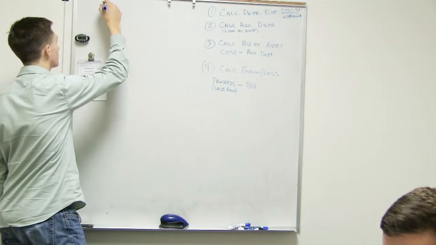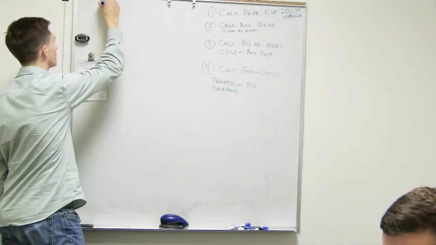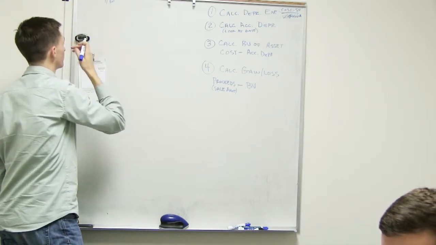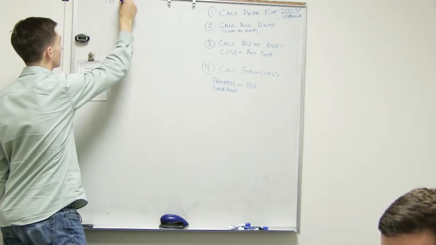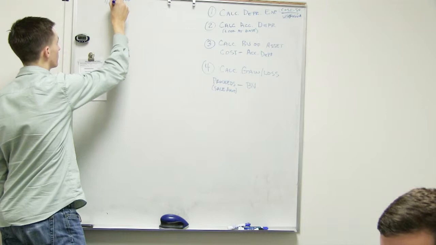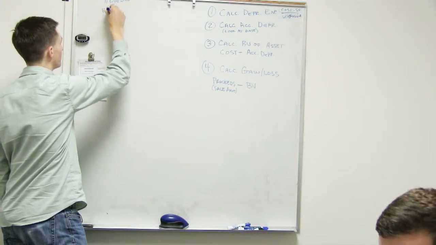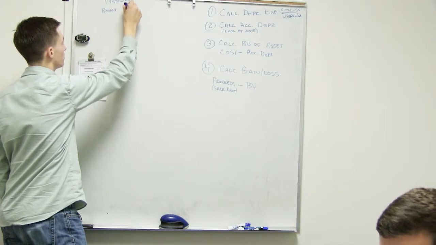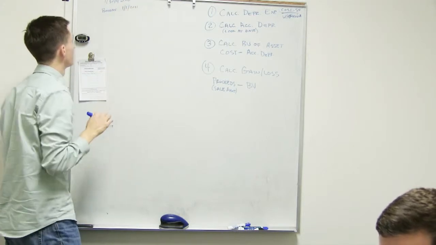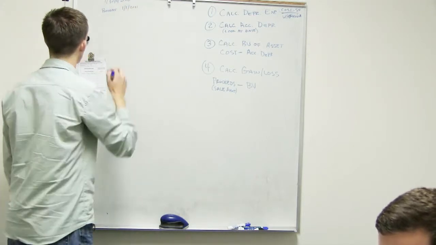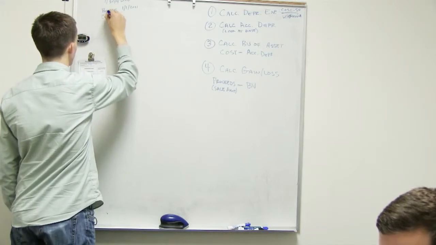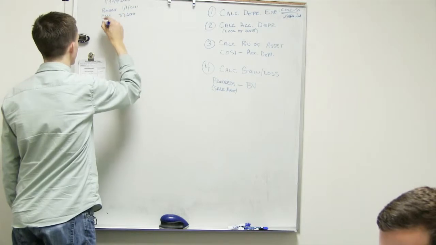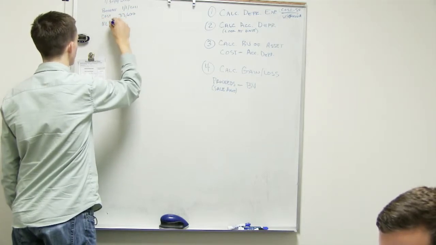The date is January 30th. Okay, so we're on 1-30. It says sold a computer that was purchased on January 1st of 2011. The computer cost $33,600 and had a useful life of 5 years with no salvage value.